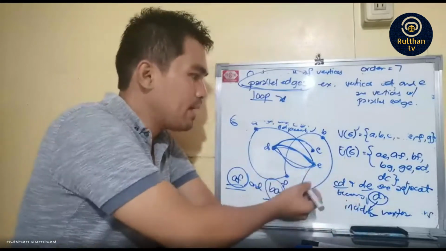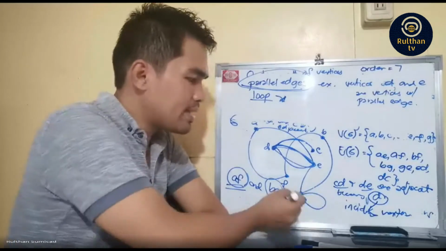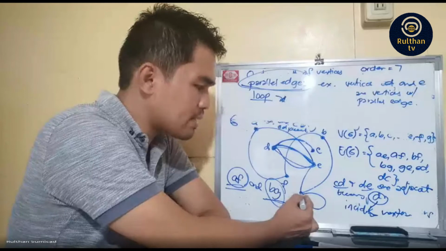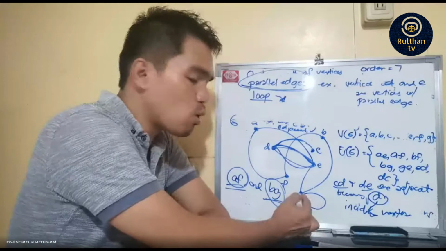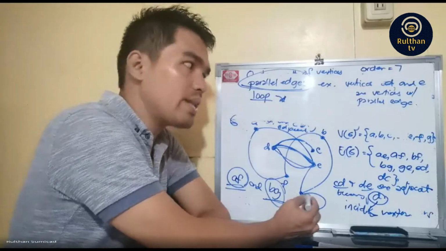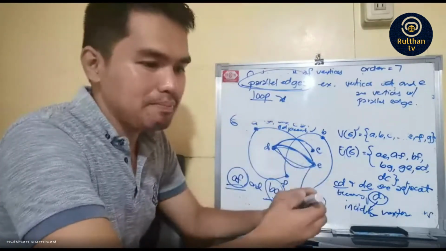For example, if I put something like this, this is a loop because this edge here is G to G. So meaning to say it moves around from G and it goes back to vertex G. So it's considered a loop. And then basically a graph without a loop is a loop-free graph. Okay?